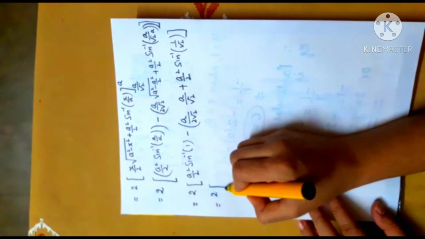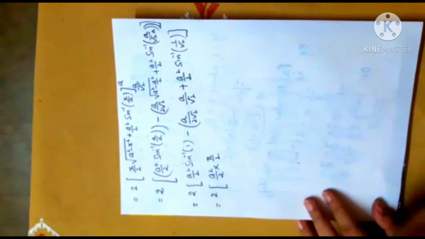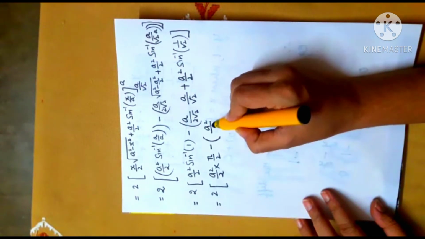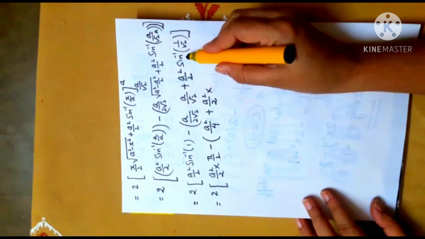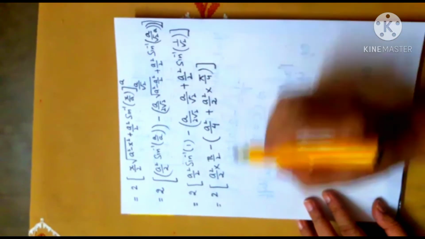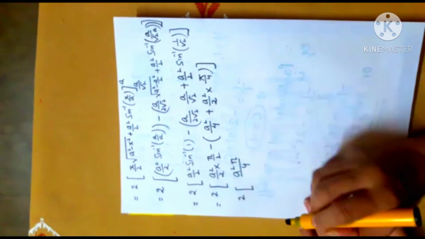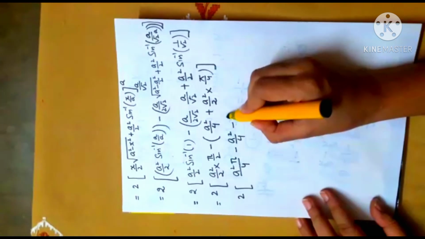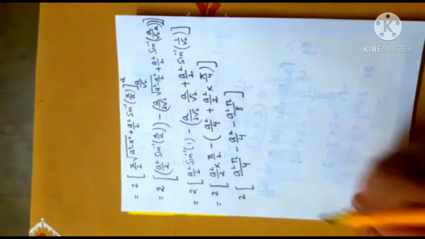So this is twice of a square by 2 into sine inverse 1, which is pi by 2, minus, this is a square over 4, plus a square over 2 into sine inverse 1 by root 2, which is pi by 4. So this is twice of a square into pi over 4 minus a square over 4 minus a square pi over 8, right?